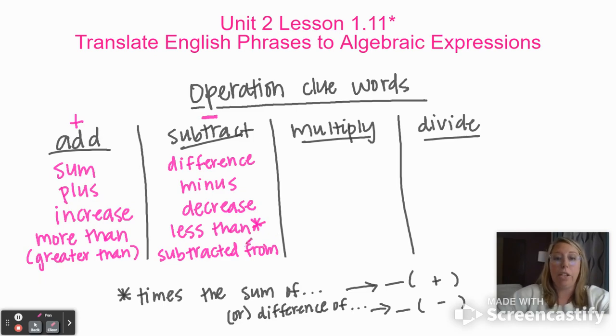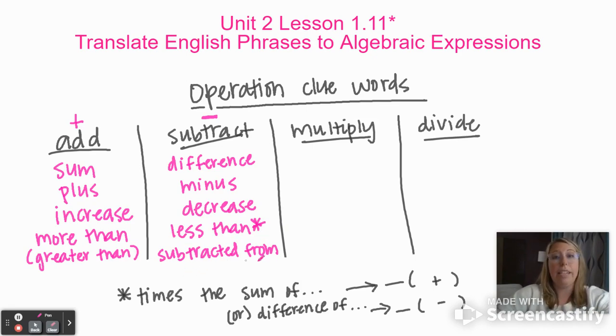Less than is a subtraction word, but when you see less than in a problem, you need to recognize that you are actually flipping the order of the numbers. For example, 3 less than 5 is 5 minus 3 when you write that out. So for less than, make sure you flip the order of the numbers.